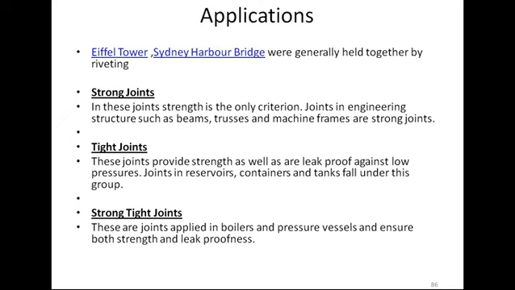First of all, earlier the Eiffel Tower and the Sydney Harbour Bridge were built using these riveted joints. You know the Eiffel Tower and Sydney Harbour Bridge are big structures, and these big structures were also joined using riveted joints.